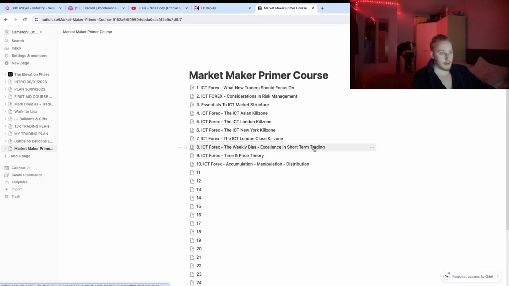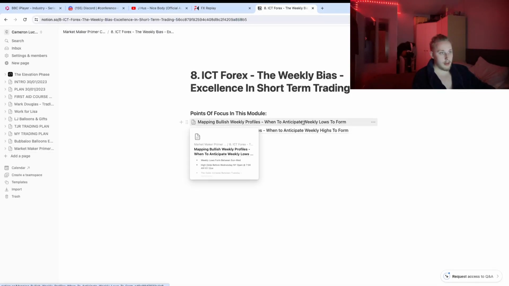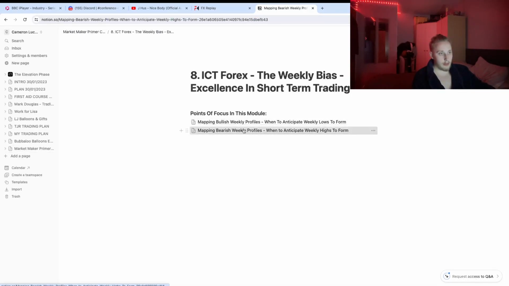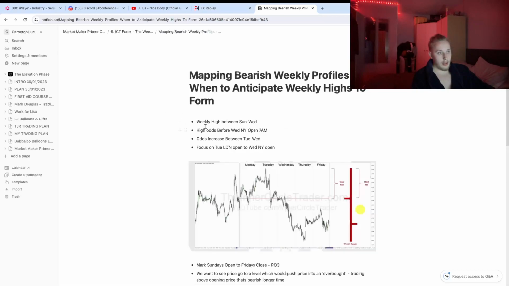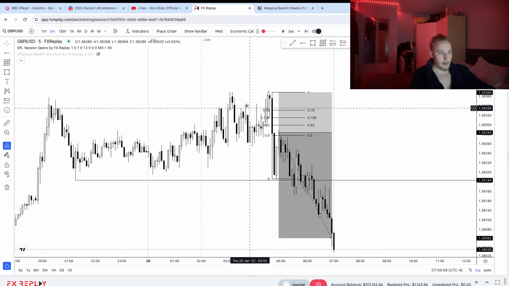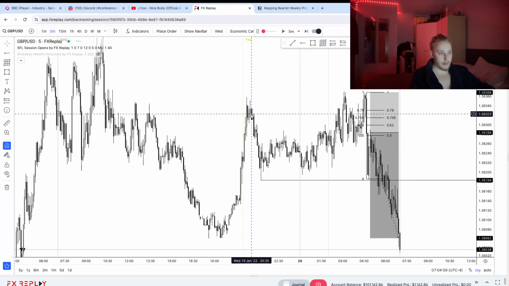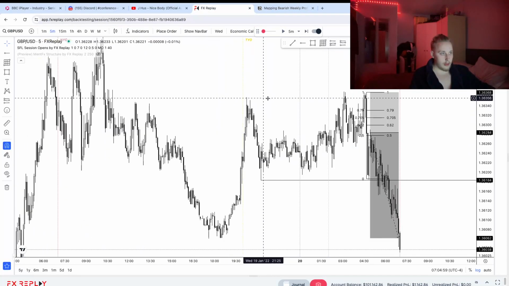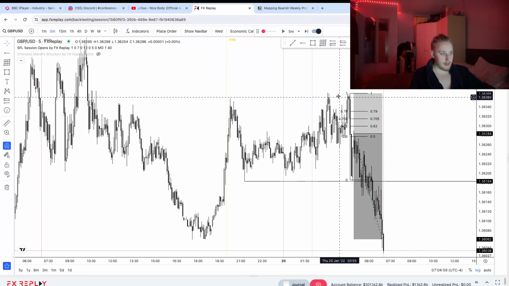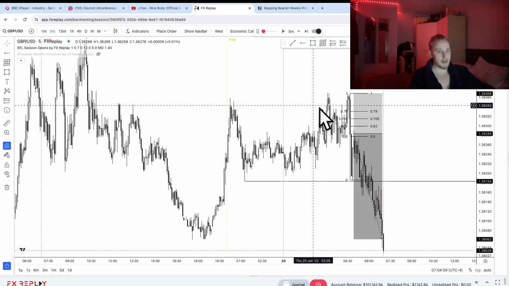We can come to the weekly bias, and in this example, be bearish. Weekly high between Sunday and Wednesday on this example. Odd example, it is a Thursday. It's also technically equal highs, so it swept out this one.